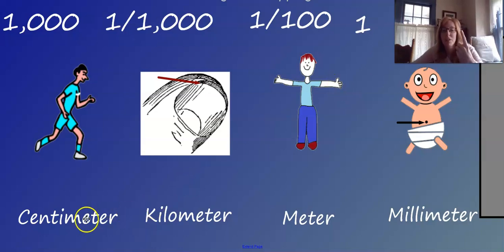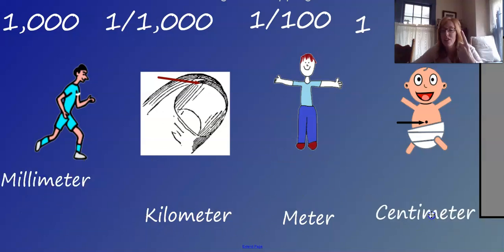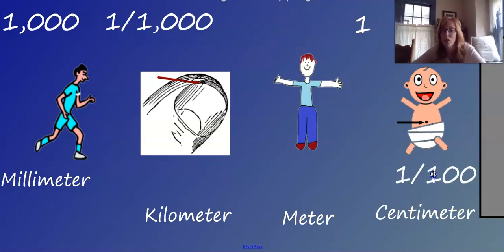Would that be a centimeter, a kilometer, which is 1,000 meters, or a millimeter? Hopefully you're seeing that this was the size of a centimeter, one of the 100 centimeters that you need for a meter.